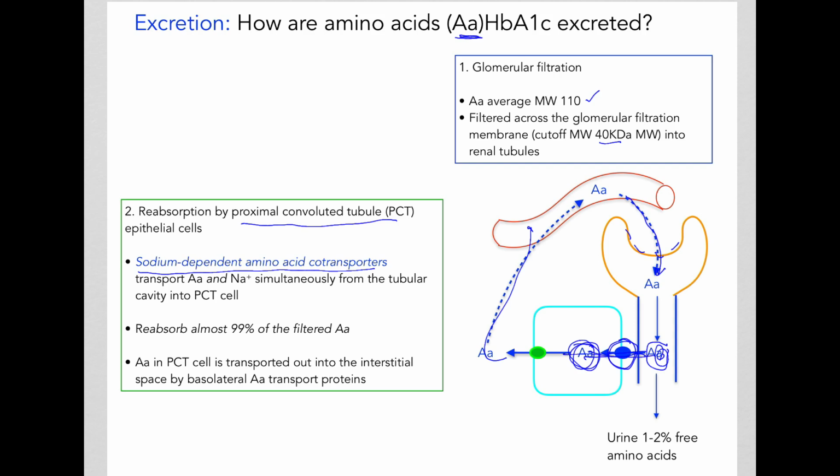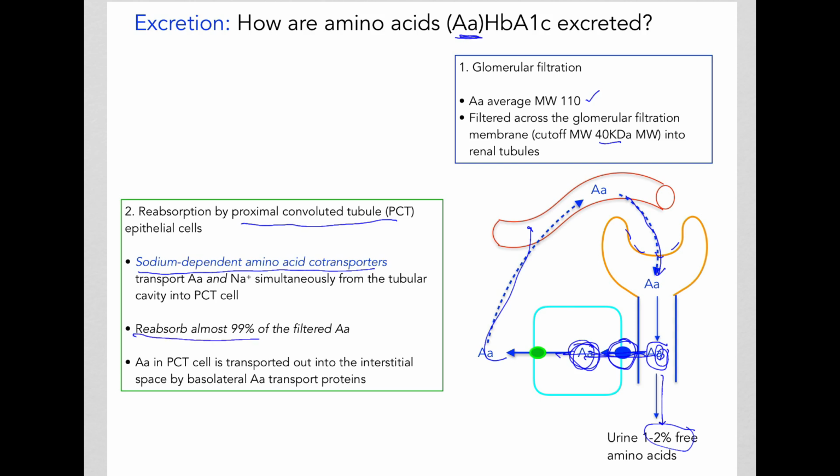Most of the amino acids, almost 99%, will get reabsorbed. A small amount will get filtered into the urine, including maybe the glycosylated valine, the valine that's attached to the glucose.